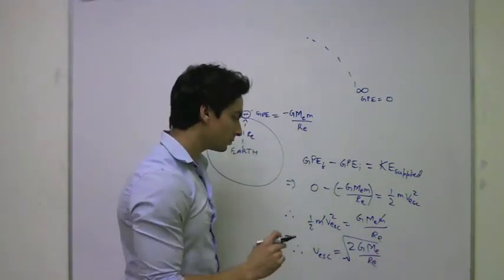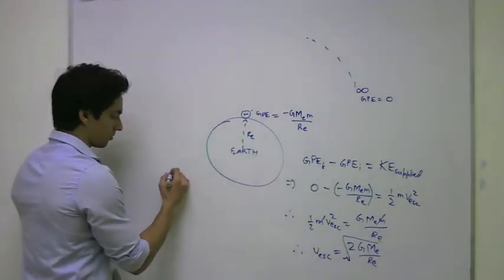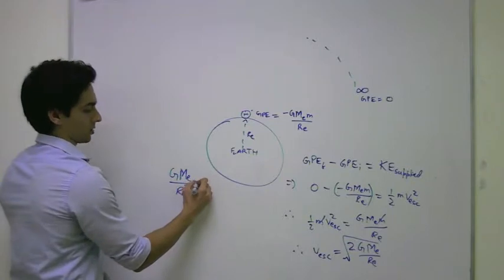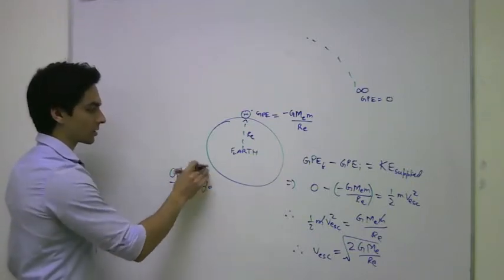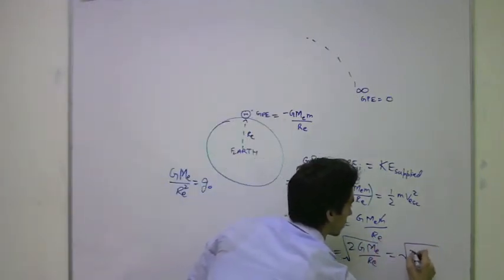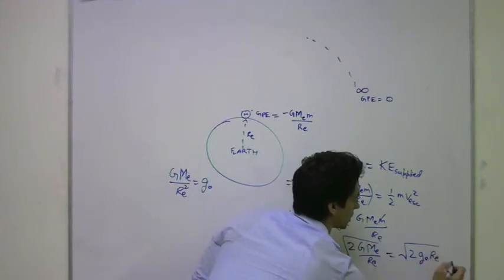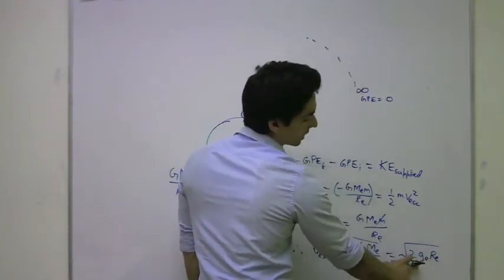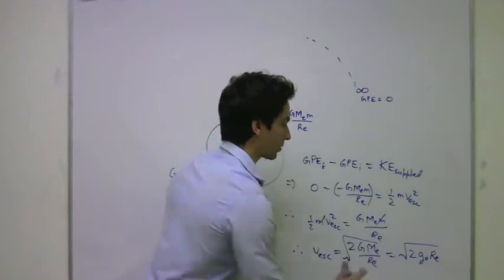Okay, now we know that GMe over Re squared is equal to g naught, which is the gravitational field strength at the Earth's surface. So I can rephrase this as the square root of 2 g naught Re. You can see that the gravitational field strength has a particular value at the Earth's surface, and so does the radius of the Earth, right?